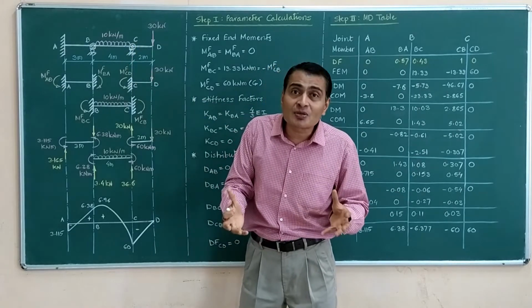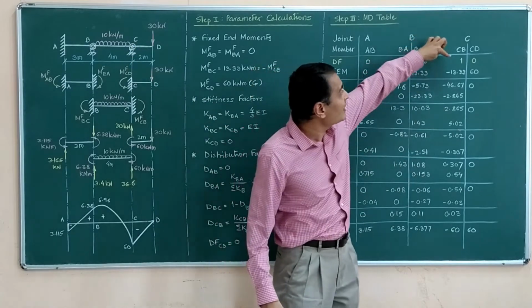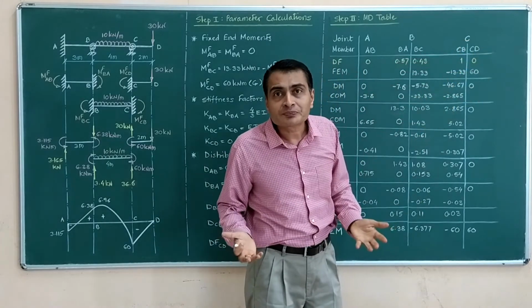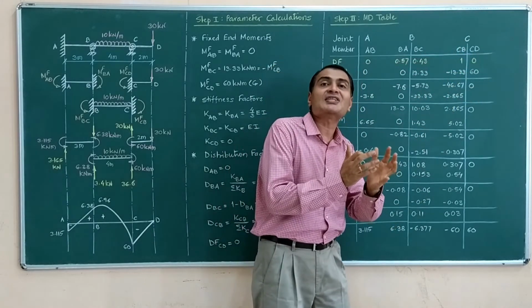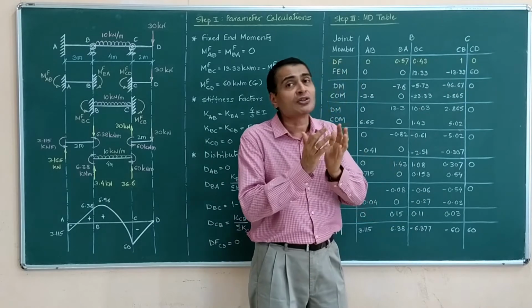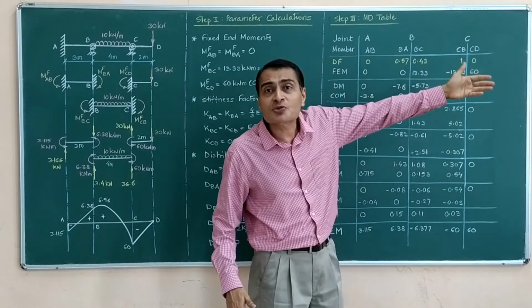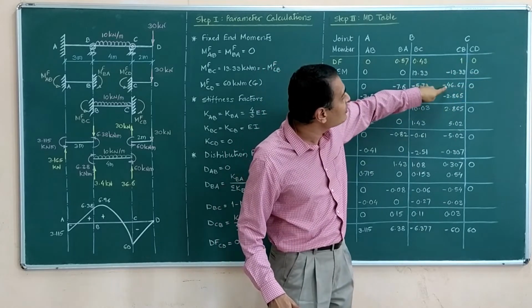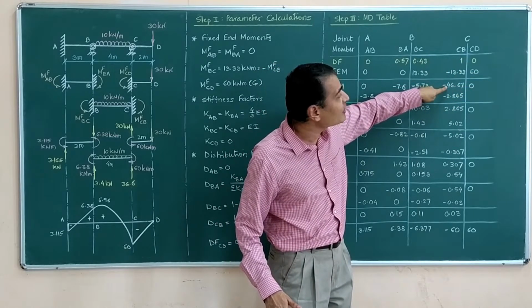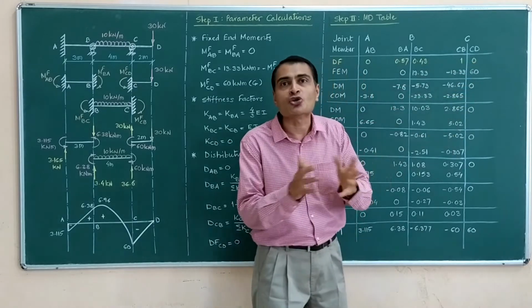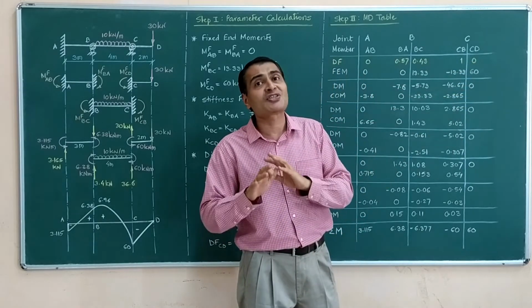How does it get distributed? The distribution factor of CB is 1 and that of CD is 0. So the entire moment is absorbed by CB, nothing goes to CD. So when I apply negative 46.67, I get negative 46.67 into 1 and negative 46.67 into 0. So on the right side there is simplicity.